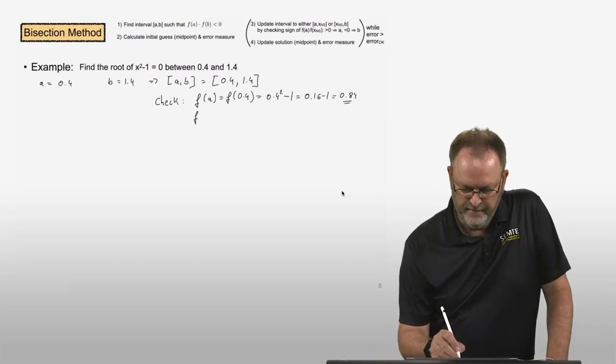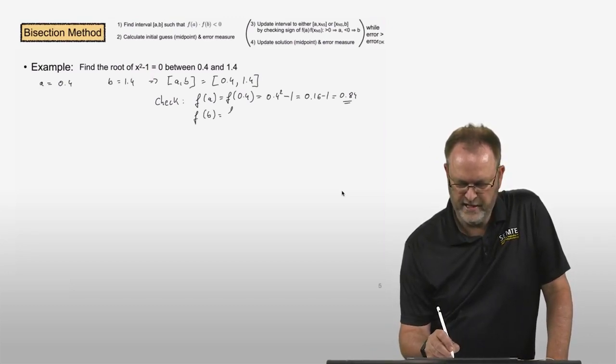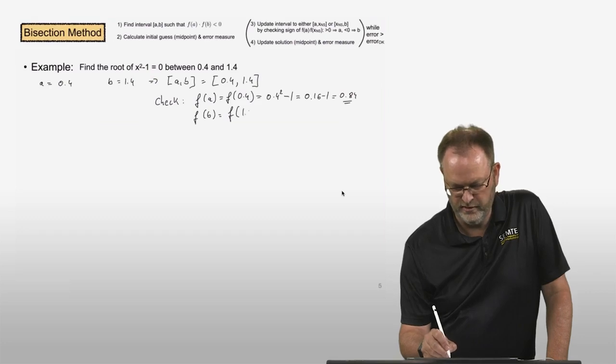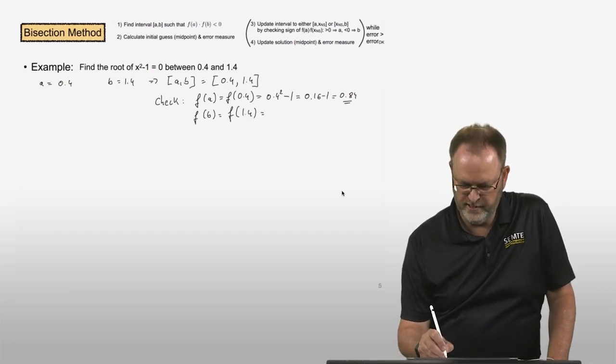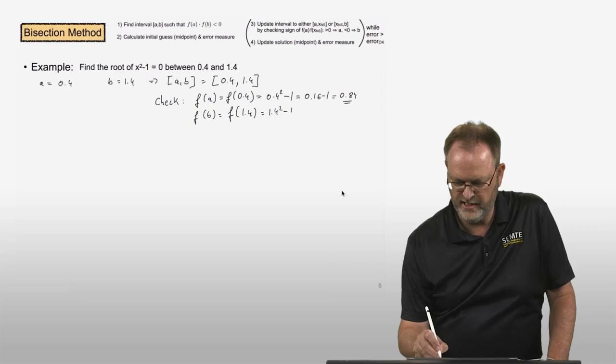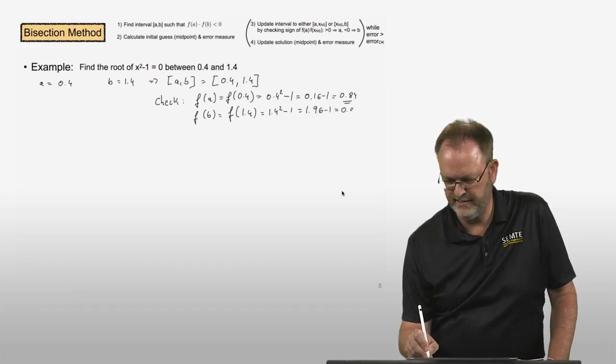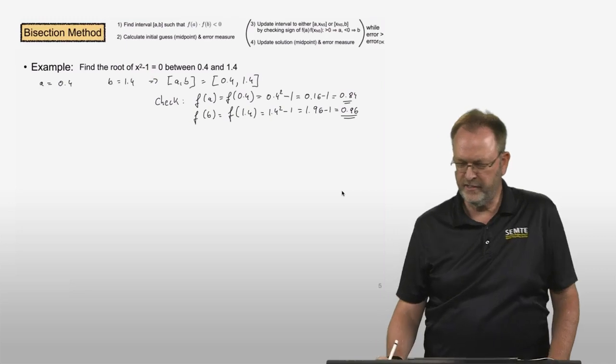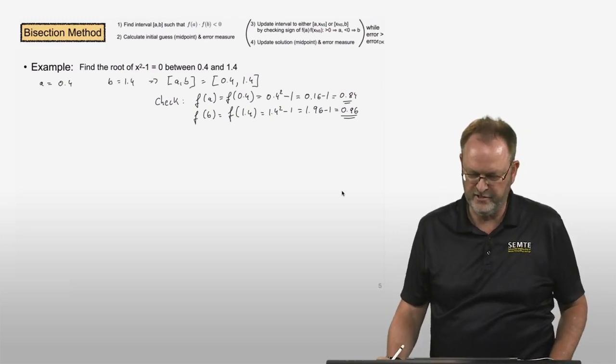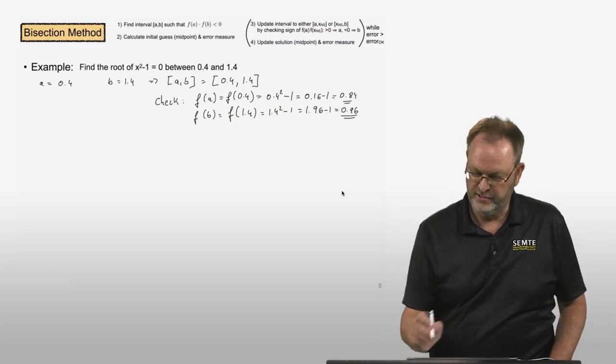And my f of b is equal to f of 1.4, which is equal to 1.4 squared minus 1. That's 1.96 minus 1, which is equal to 0.96. So at this point, it would look like there is no sign change, which is kind of surprising.